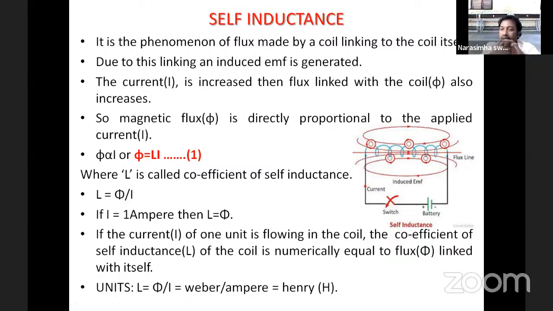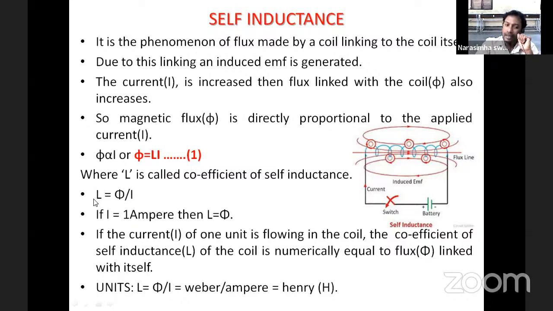For example, due to 1 ampere of current, 20 Henry of magnetic flux is generated.